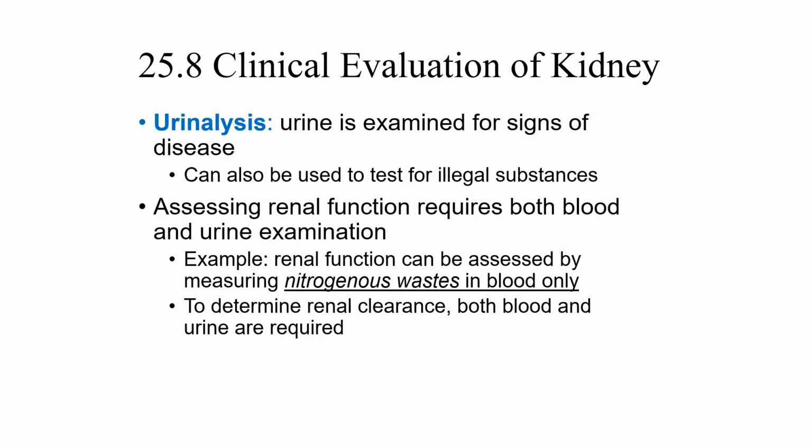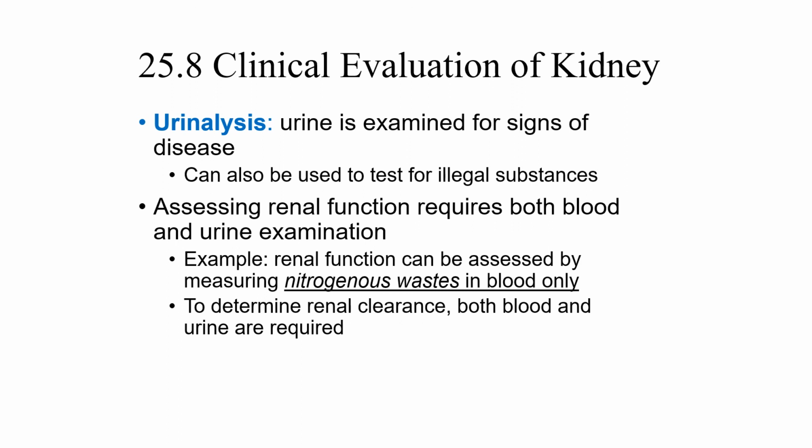How do we clinically evaluate? Well, we can do a blood test and look for nitrogenous waste. Usually the easiest thing to do is to have your patient pee in a cup and use a dipstick. If we were at school, you would have peed in a cup this past Monday, the 30th of March, and done a dipstick and a microscopic analysis of your own urine.